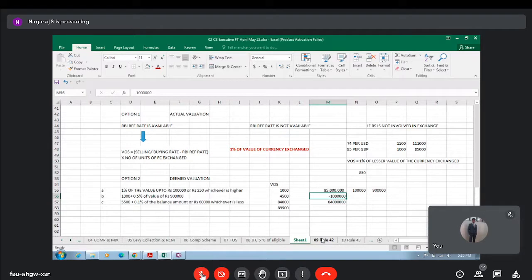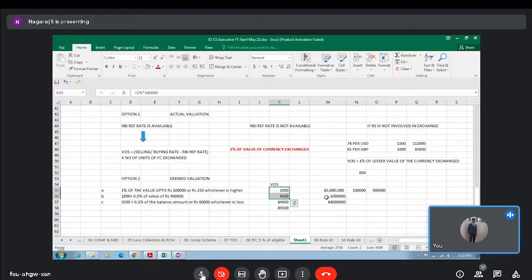Up to 1 lakh, these two will be the same. Third one: 8 crore 50 lakhs minus 10 lakhs, how much balance remaining? 8 crore 40 lakhs, on that 0.1%.